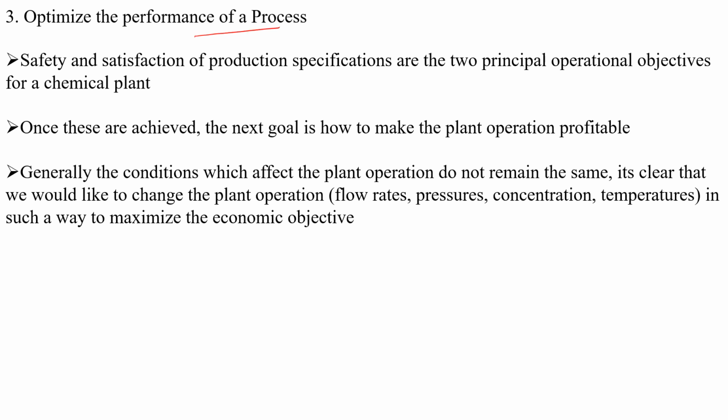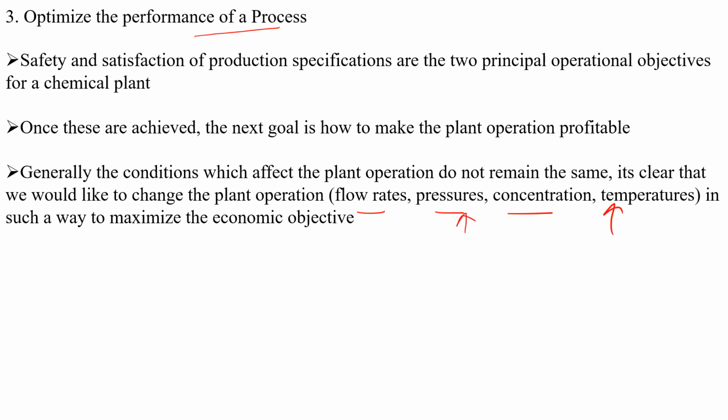Optimize the process in the sense that we need to work with the availability only. For example, if you have only limited availability, then you control the flow rate or the pressure, or if you want to maximize the profit with minimal investment, then go for minimal pressure, minimal temperature.